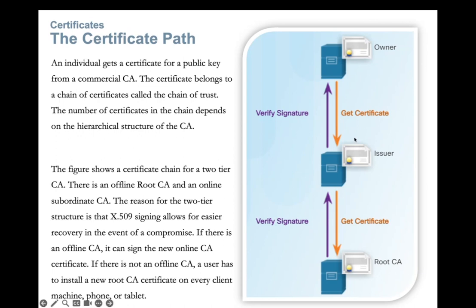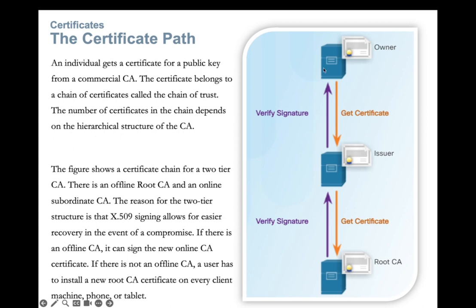So the owner will send a get certificate request to the online issuer. Further, the online issuer forwards that get certificate request to the offline CA. Then the offline CA replies with the verifying signature to the online server, and from there it will be verified.